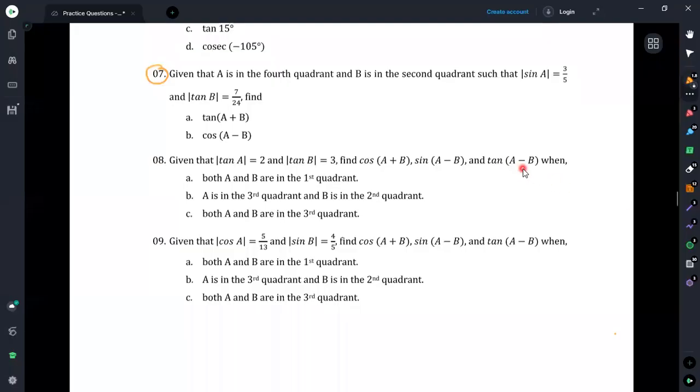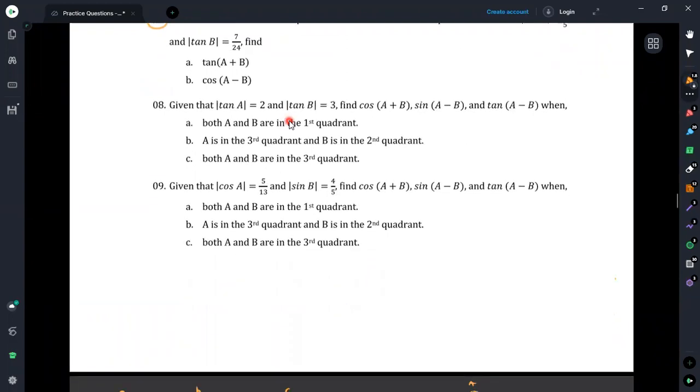In the seventh question, A is located in the fourth quadrant and B is in the second quadrant, such that the modulus of sine A is 3 over 5 and the modulus of tan B is 7 over 24. We are asked to find the values for tan A plus B and cosine A minus B.